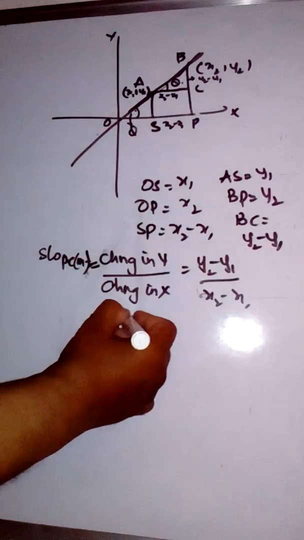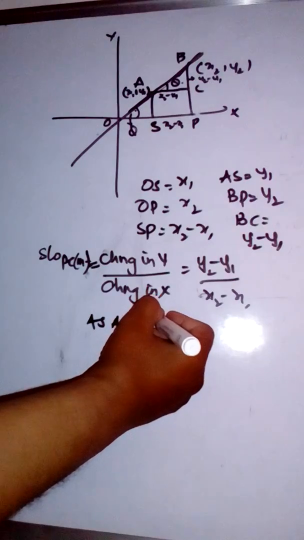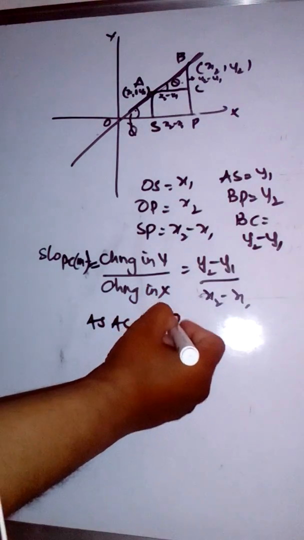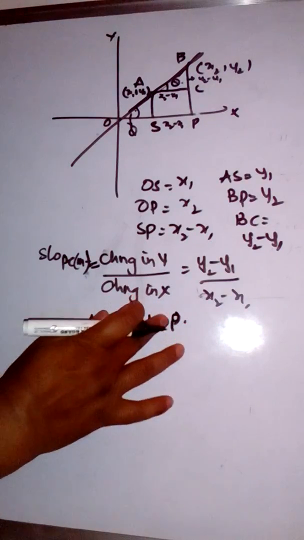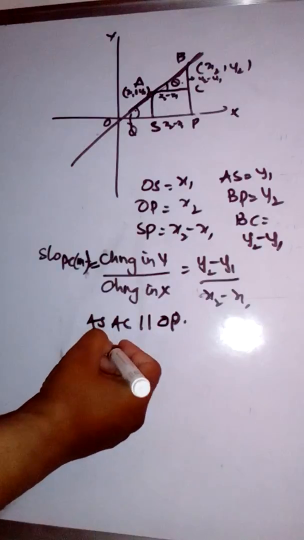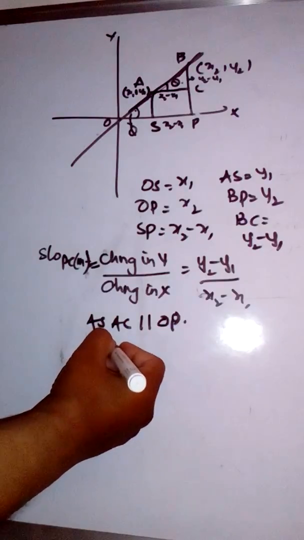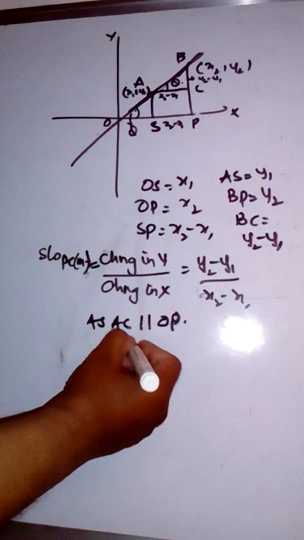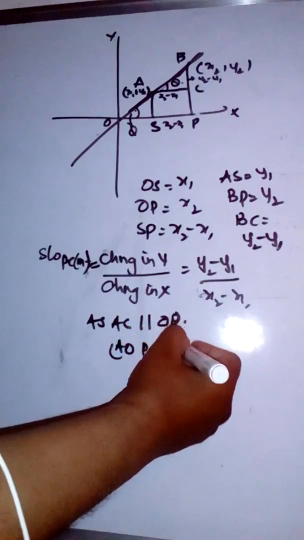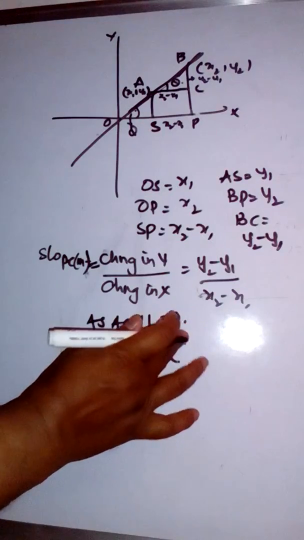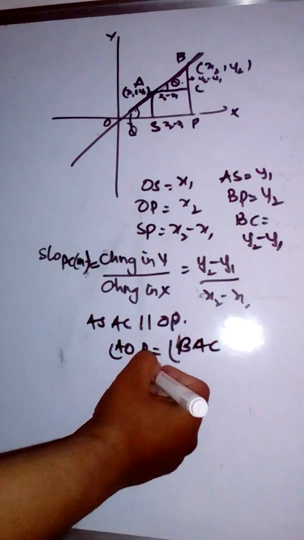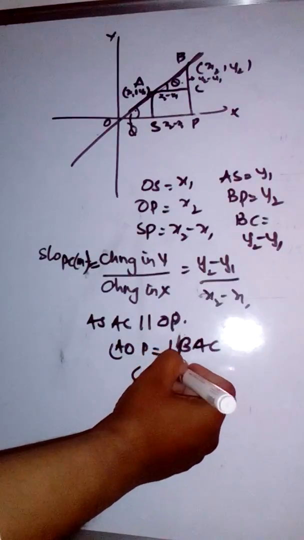AC is parallel to OP, then angle AOP will be equal to angle BAC. They form corresponding angles.